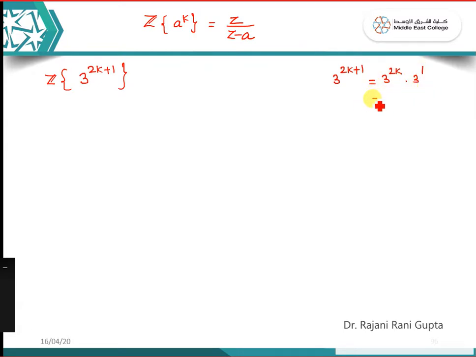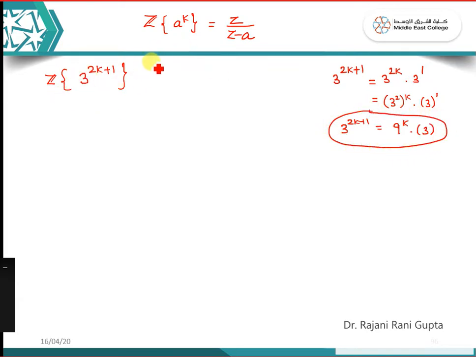Now for 3 to the power 2k, again for the rule we need the coefficient of k to be 1. So we can write 3 to the power 2, times k, and 3 to the power 1, that is 3. So this is 9 power k times 3. Now we will use 3 to the power 2k plus 1 in this format.